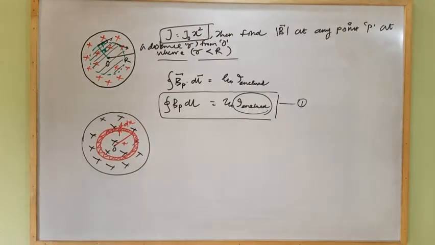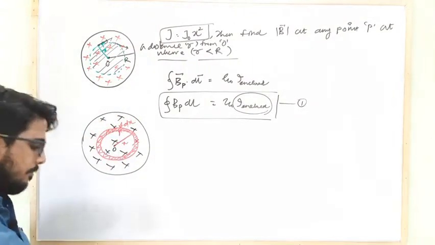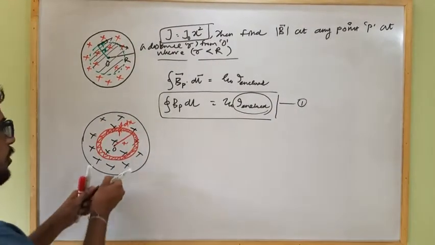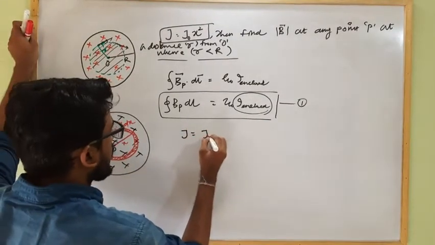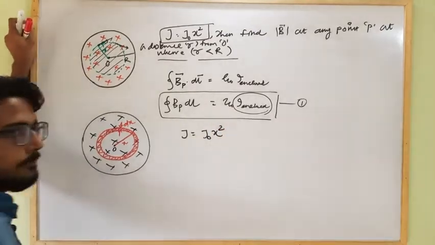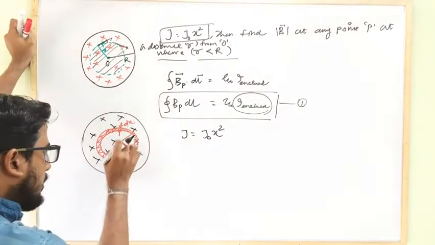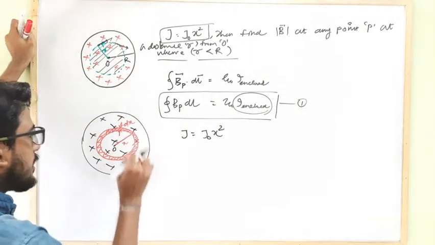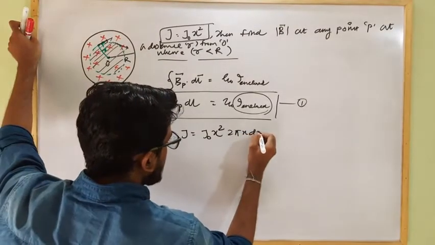What is the current enclosed by this small circular strip? As the strip is at a distance x from the center, the current density for this strip is J equal to J naught x square. Clear? And the area of this circular strip, if its radius is x and thickness is dx, will be 2 pi x dx.